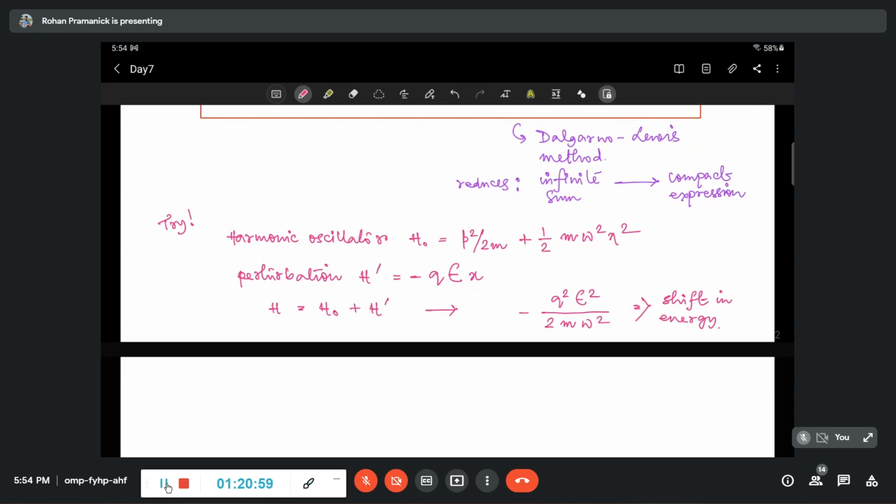You will see that even after applying perturbation you can split the energy levels, and you have probably heard about this SPDF and all those things which you learn in chemistry in 11 or 12.